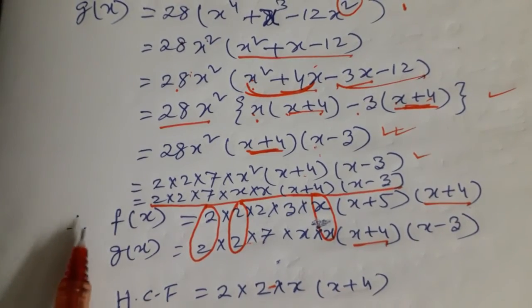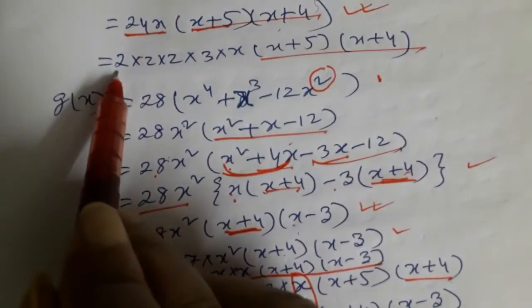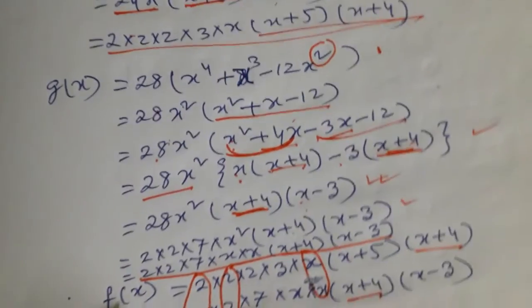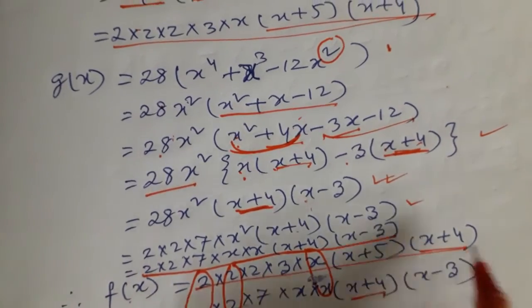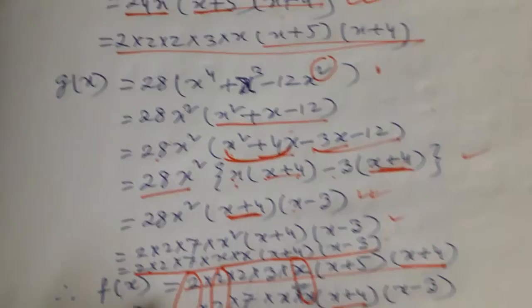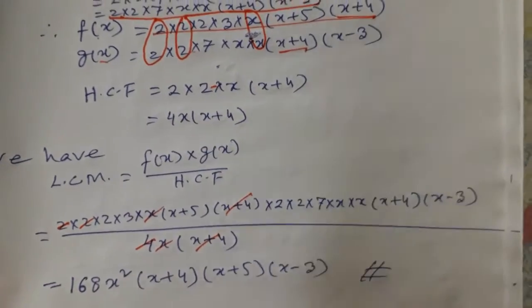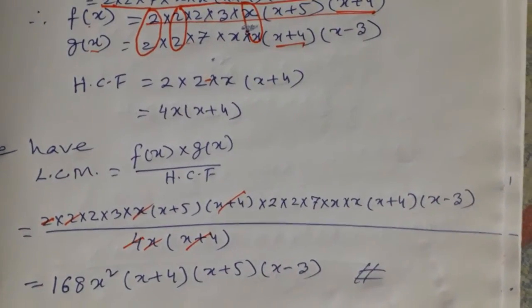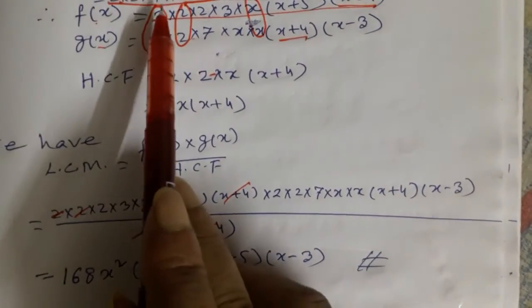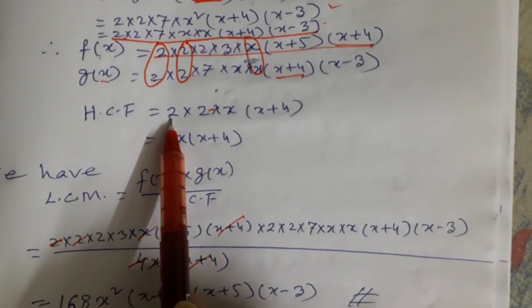Now we have to write the value of f(x), I mean the factorization portion. f(x) equals this one, and g(x) equals this one, you just write here. And now we have to find out the HCF. HCF means the common factors of both polynomials, that is here 2 and 2 are common for both, so we have taken this one.